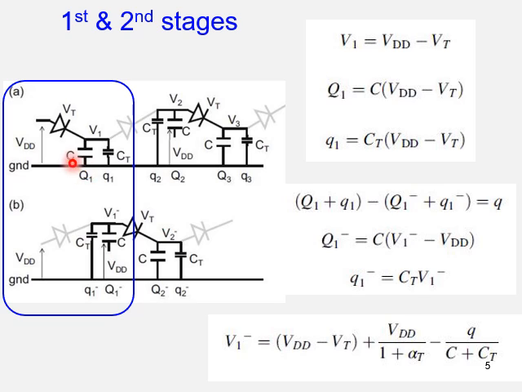the clock to the first capacitor is now grounded. Therefore, the second stage clock is now VDD. Therefore, the first capacitor bottom plate is grounded, and the second capacitor bottom plate is now VDD. As you see, first the diode turns on, and the diode flows current until this node goes up to VDD minus VT.